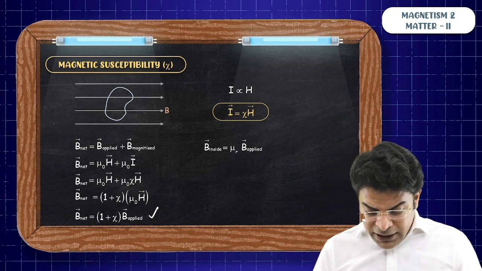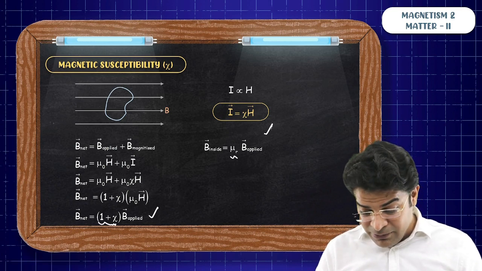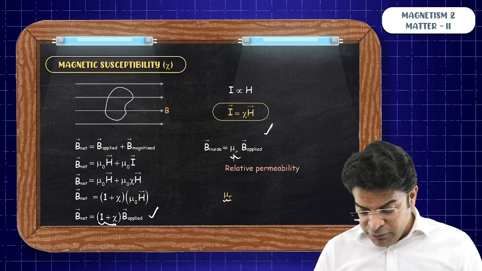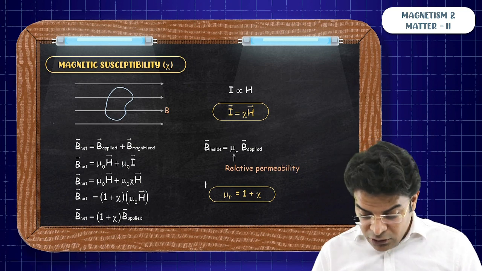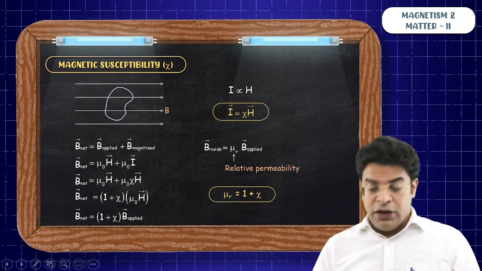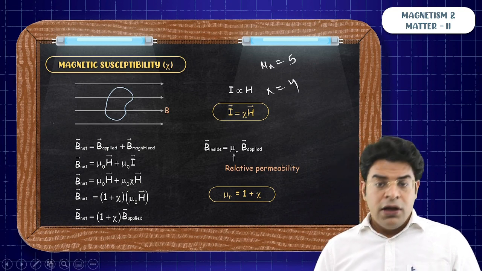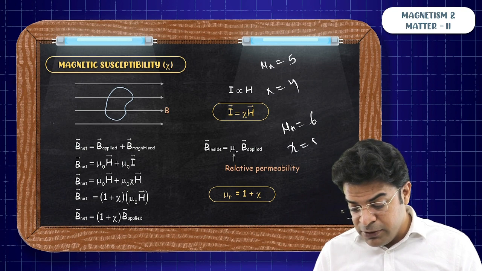And now comparing these two, you can say that 1 plus susceptibility is nothing but the relative permeability. So the relative permeability of a material is nothing but 1 plus susceptibility, and you need to remember this result. So if the relative permeability is 5, it means that susceptibility is 4. If the relative permeability is 6, it means that the susceptibility is 5.